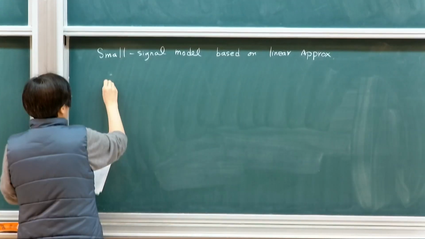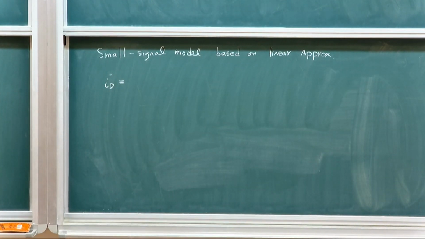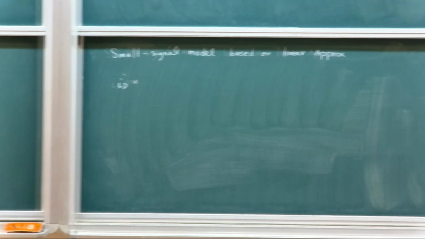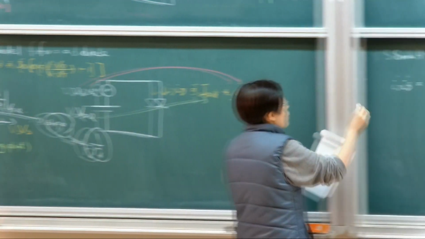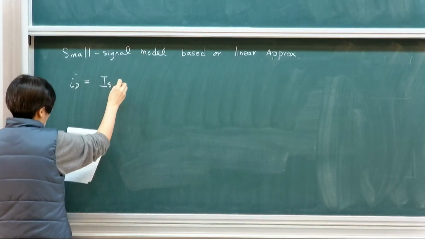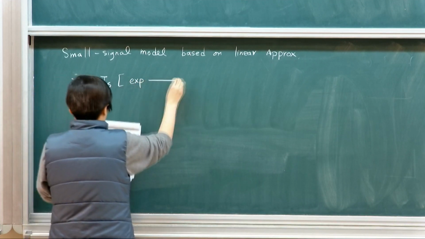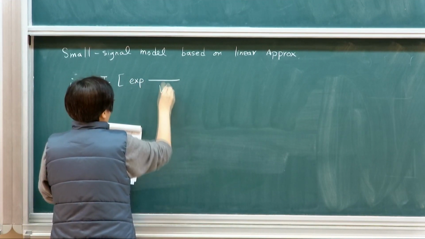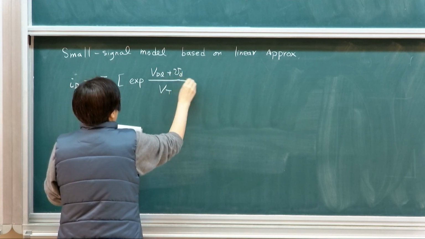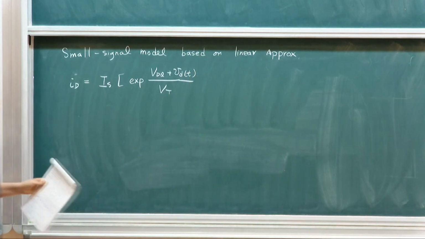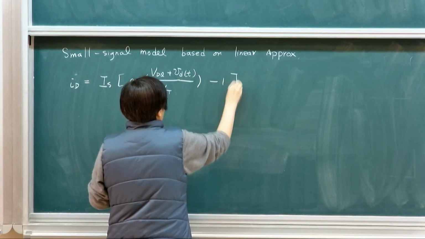If you look at my total current, without doing any approximation, I'm simply writing down the corresponding current through this equation. This will be IS, without any approximation yet, the explicit response will be exp of (VDQ plus a small signal part), minus 1.